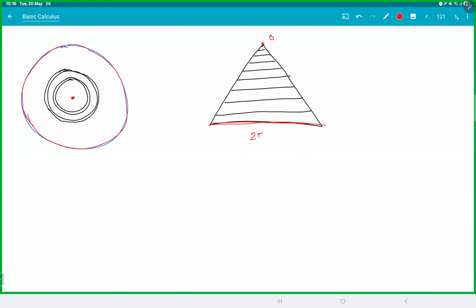How much is this? 2 pi r. So from the center to this ring, what is this distance? R. So what is this distance? R. What is the area of a triangle? Half base into height. So half base into height, pi r square. Isn't that the area of the disk?